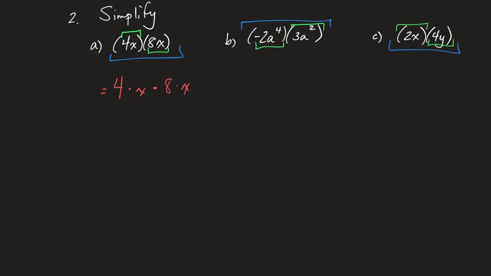Here's where I would argue that little algorithm can help. Since it doesn't matter what order I multiply in, let's multiply our coefficients first. So there is my 4 times 8. I get my 32. And now I deal with the variables. What is an x times an x?